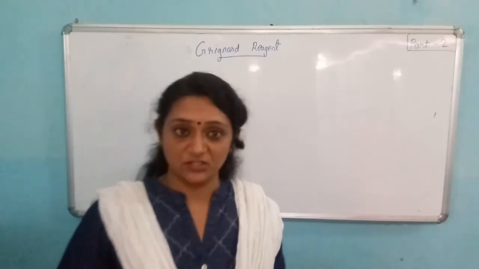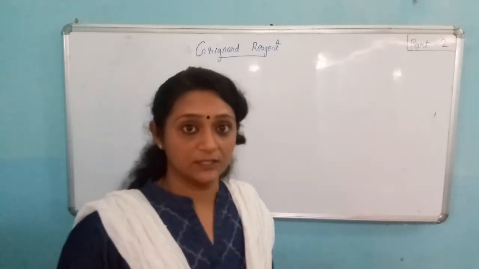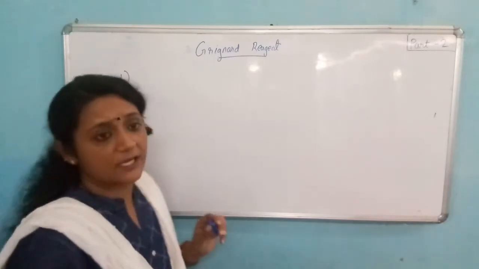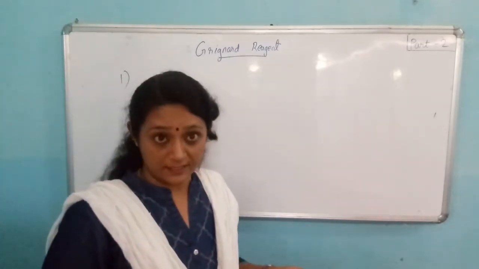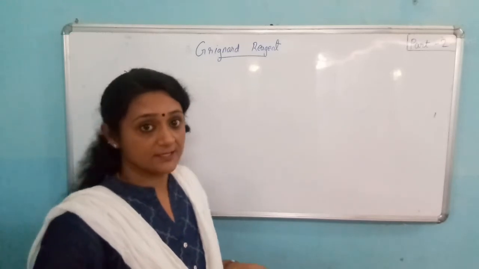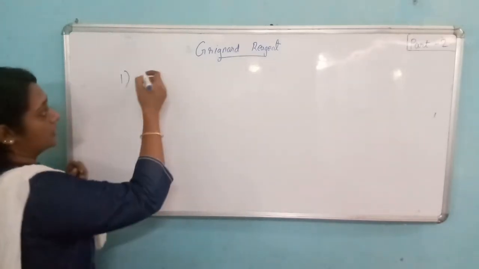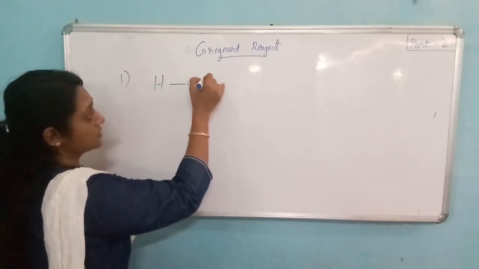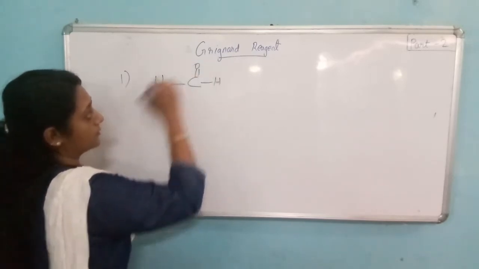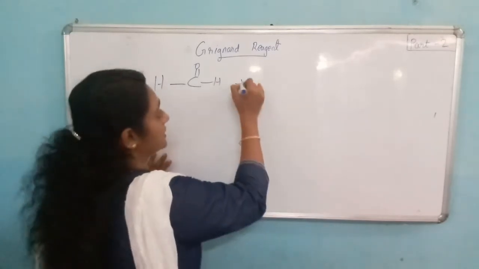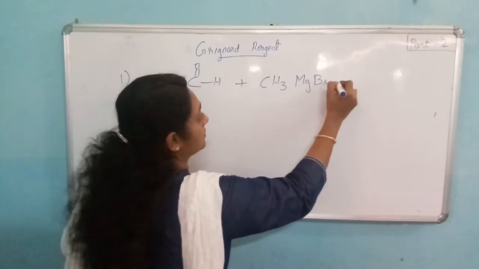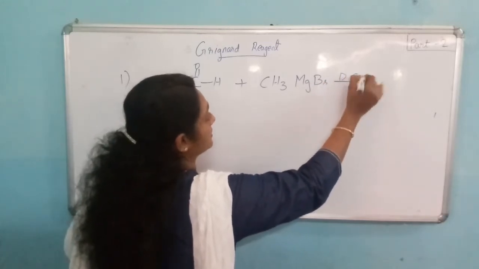Next are various reactions of Grignard reagent with carbonyl compounds. Carbonyl compounds are aldehydes, ketones, esters, acid chlorides, etc. The first one we are taking is formaldehyde, CH2 double bond O. Formaldehyde reacts with a Grignard reagent, for example CH3MgBr, in the presence of dry ether.